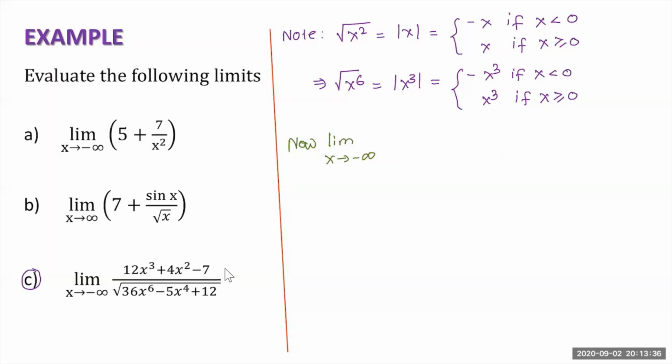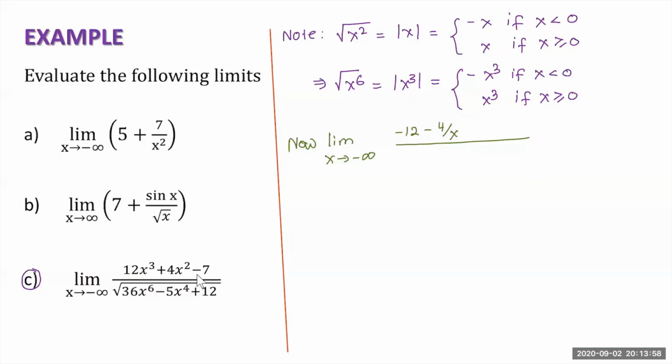If we divide that by negative x cubed, this will be 12x cubed divided by negative x cubed, which is negative 12. When you divide this by negative, it will be negative 4 over x cubed. 4x squared over x cubed is 4 over x. And then here is a negative.